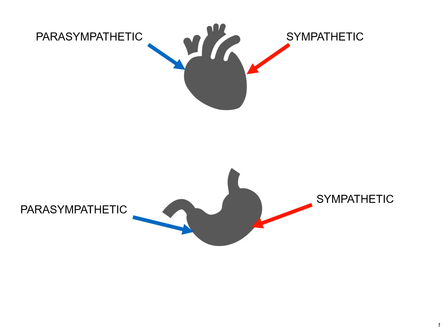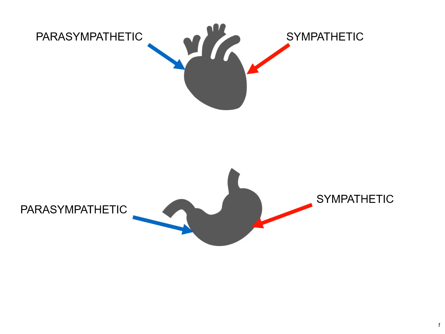When it comes to the target organs, we have two pictures here. One is the heart, the other is the stomach, and we are going to follow the actions of the parasympathetic and sympathetic division of our nervous system on these two organs.